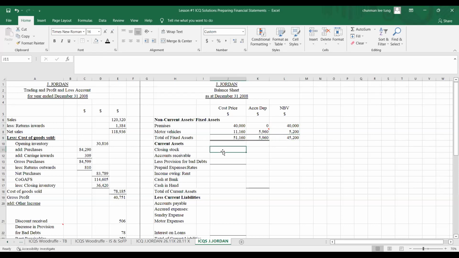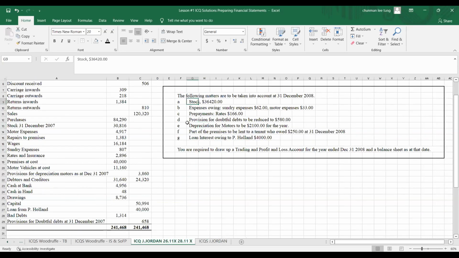The next part of the format for our balance sheet is to account for current assets. And the first item that we are seeing here is closing stock. Where do we find our closing stock? It will not be in the question, but will be outside of the question in your additional information. So let's look at it.